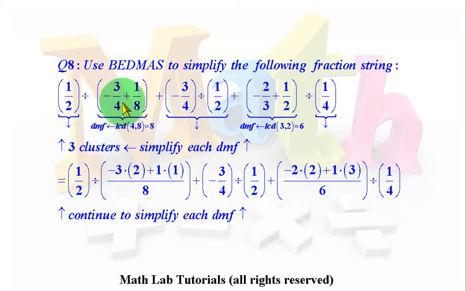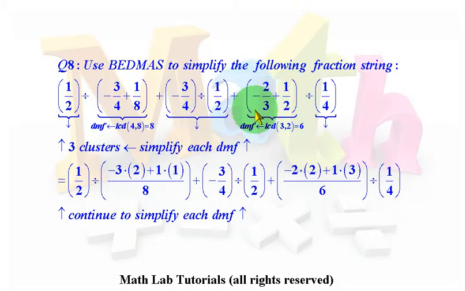This over here requires a do me first. It requires a DMF. We have a little fraction string here. The minus 3/4, somebody's already done it for you. And the 1/2, somebody's already done it. So your best bet is to drop this cluster down as a block, and don't do anything with it until we're ready to do some more operations with it.